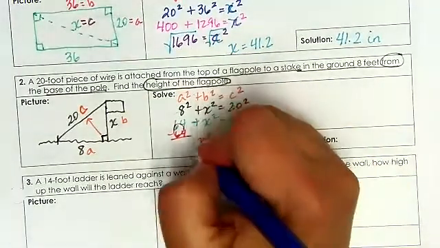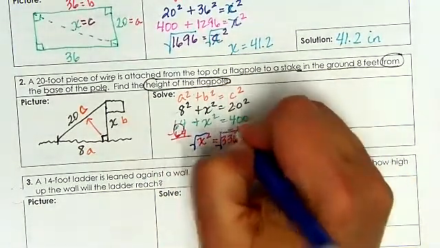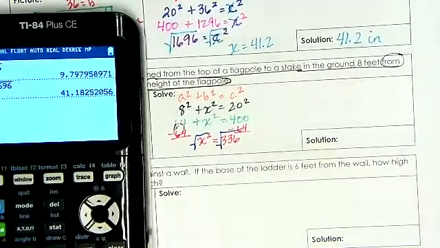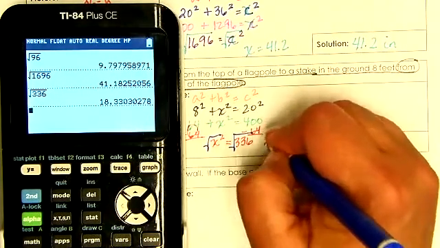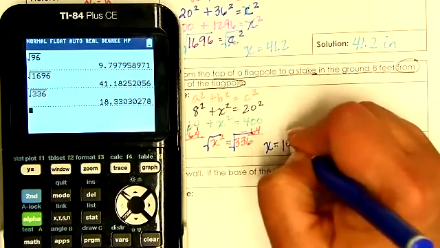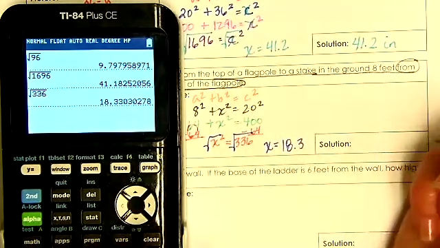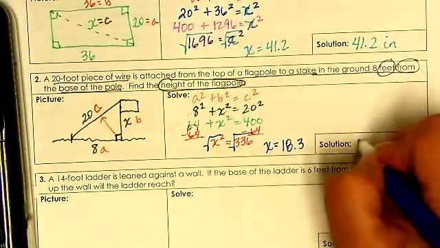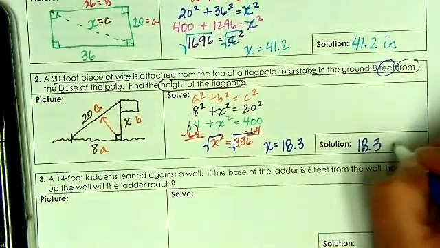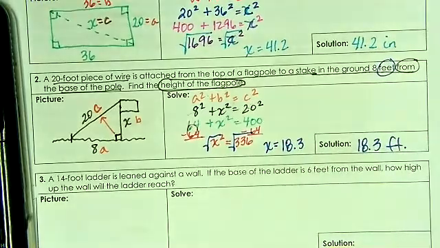And we take the square root of each side. So I plug in here, square root 336, enter. We're rounding to the tenth place. So we get that X equals 18.3. Now, what's our units that we're dealing with? Feet. So we're going to have 18.3 feet.